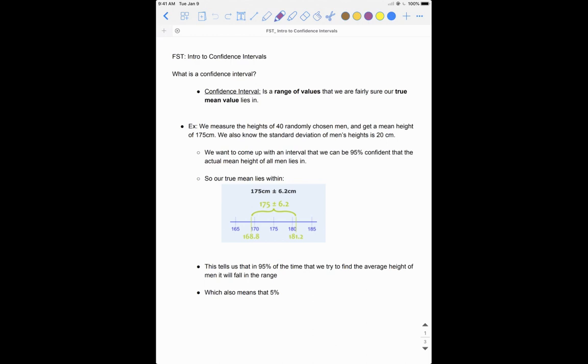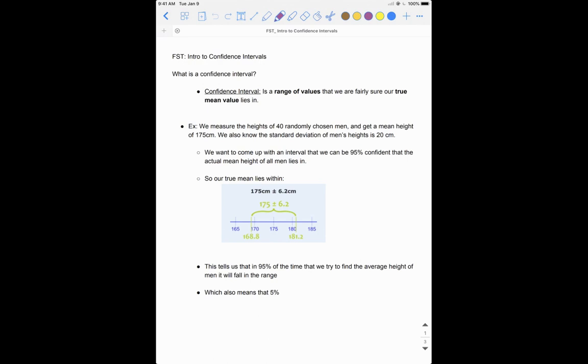So it gives you an idea of where that mean would fall if you surveyed the entire population. And one thing to think about, which we'll get into in a second, is how confident we are with each interval. That's why it's called the confidence interval, right? We'll talk about being a certain percent confident that our mean will fall in between these two values.